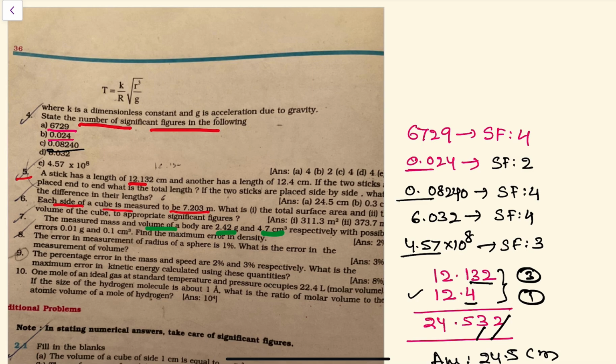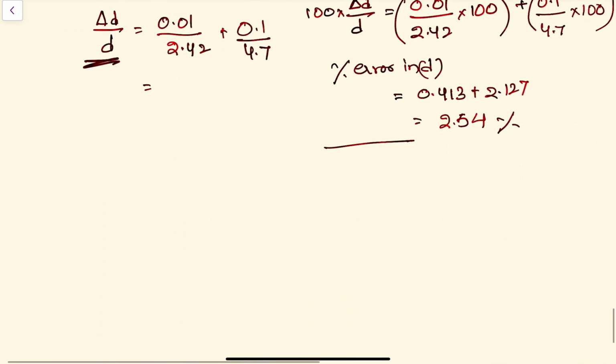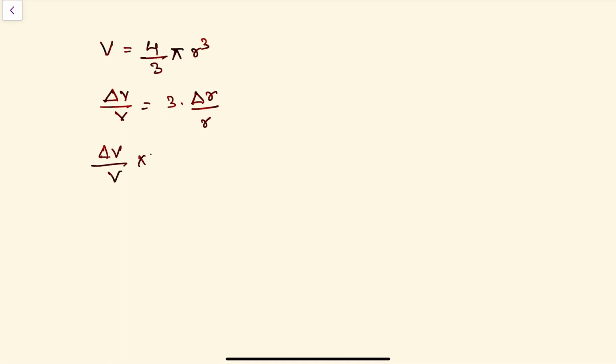The error in the measurement of the radius of a sphere is 1%. What is the error in the measurement of the volume? V is equal to 4 by 3 pi r cube, the volume of the sphere. Delta V by V is equal to 3 into delta R by R. So delta V by V into 100 is equal to 3 into delta R by R into 100.